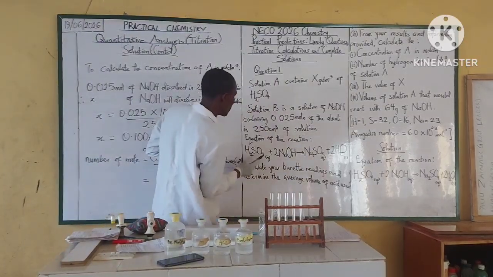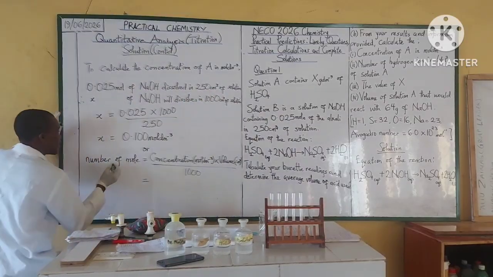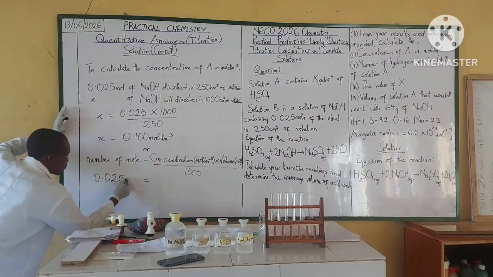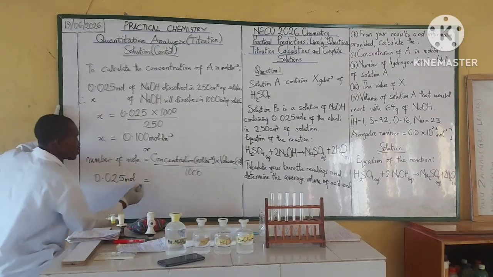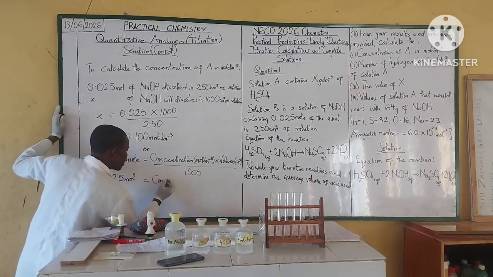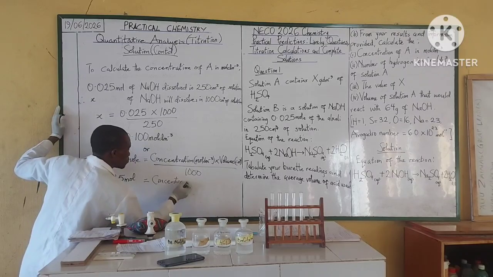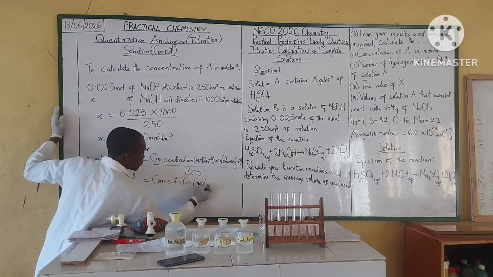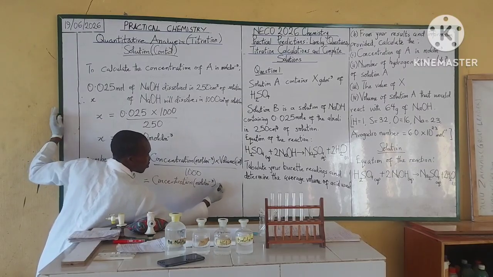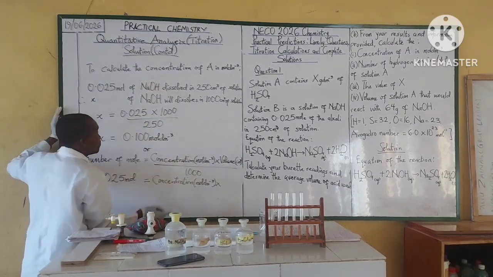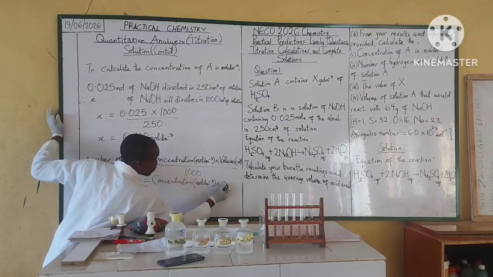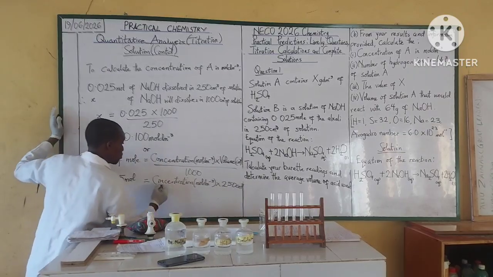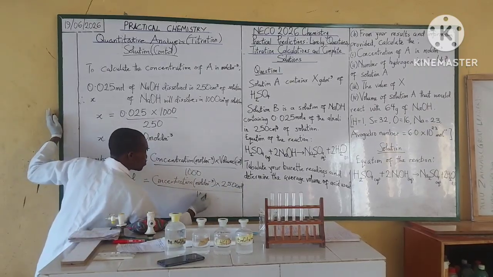Quickly check here. 0.025 mole. 0.025 mole is equal to concentration, of course, that's what we are looking for, concentration in mole per dm cube, multiplied by the volume given, which is 250 cm cube over 1000.